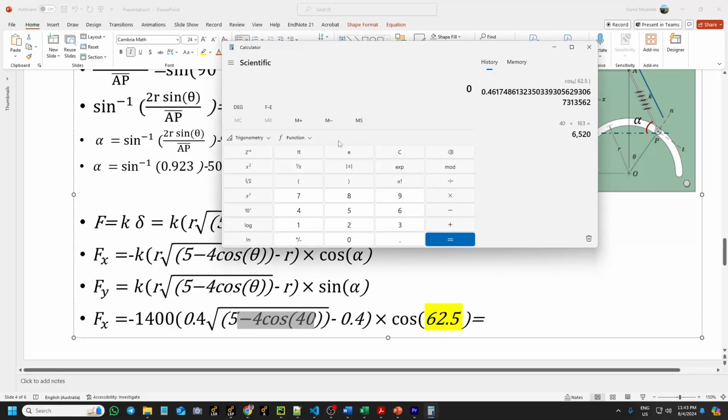So 5 minus 4 times 40, cos here, times 4.